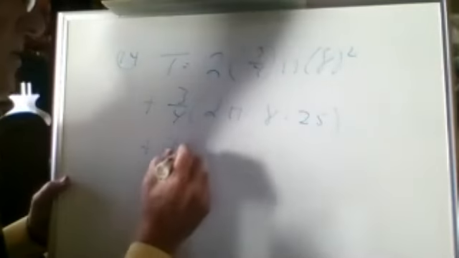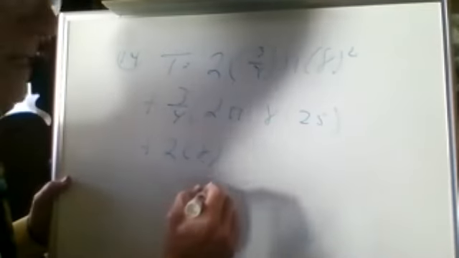Plus inside we have 2 rectangles. Each of those rectangles is 8 times 25.